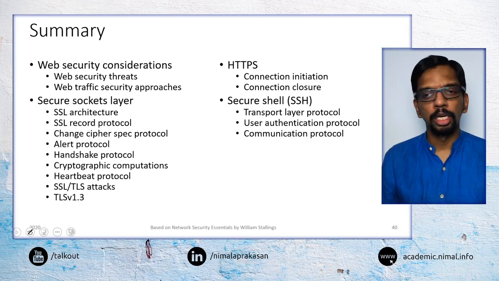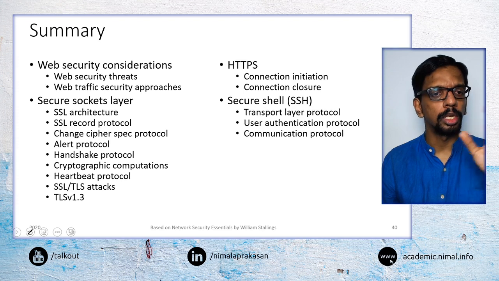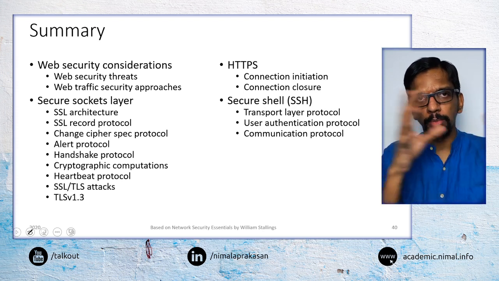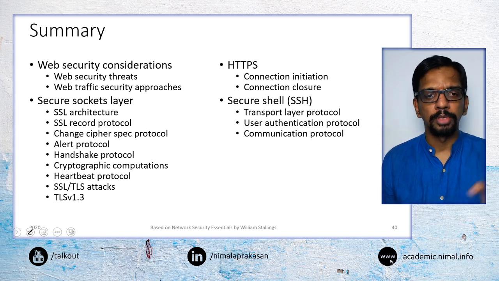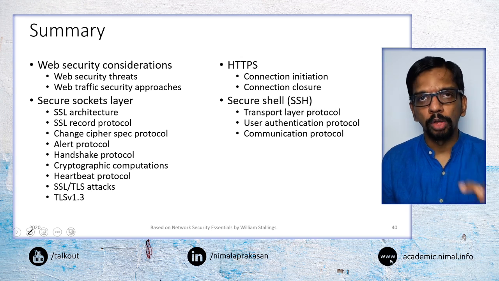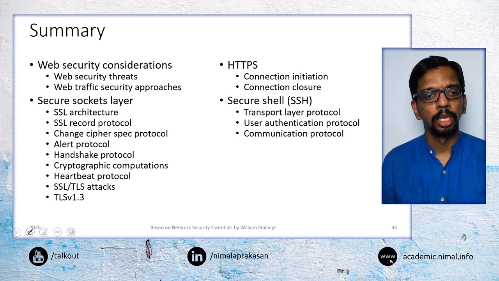So that concludes our discussion of transport layer security. One of the main reasons we need transport layer security is that web traffic and many other kinds of traffic over the internet have security implications, and one way to address them is using transport layer security.